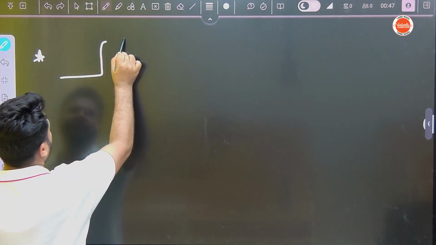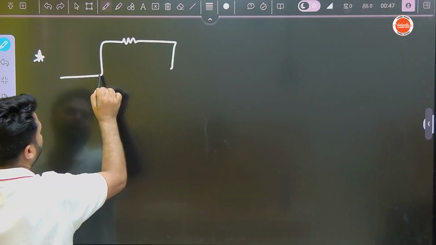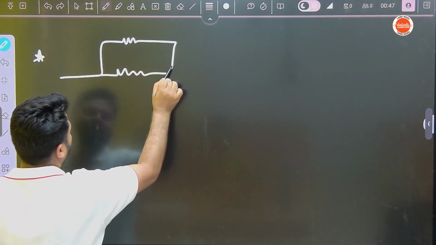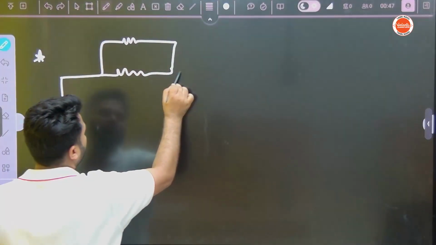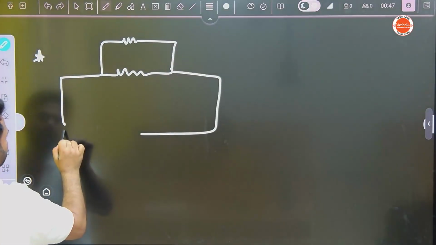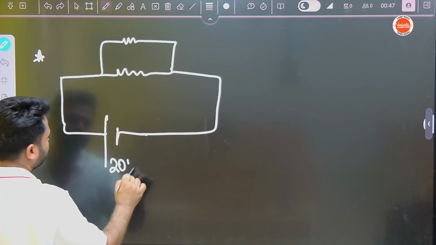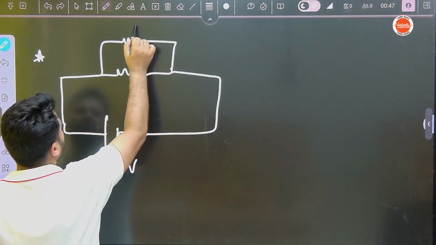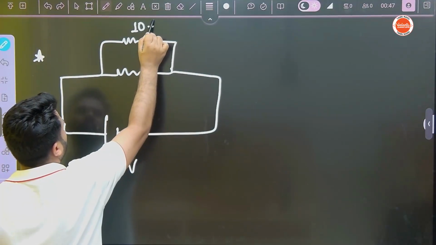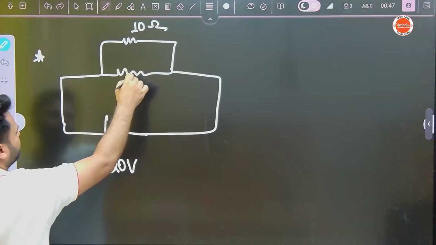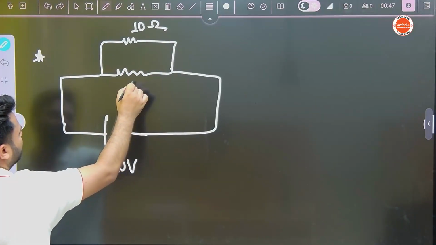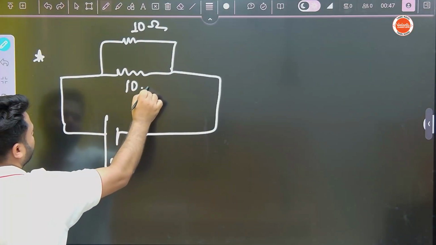Suppose we have like this. 20 volt. This is 10 ohm. This is also 10 ohm, suppose.